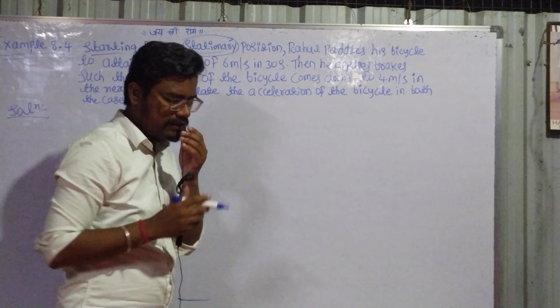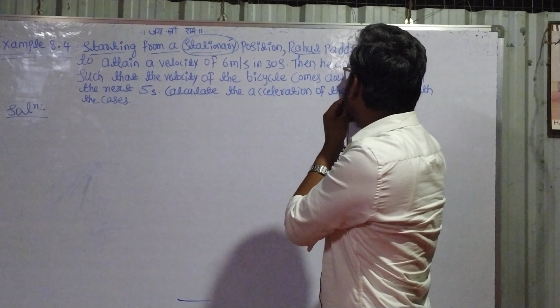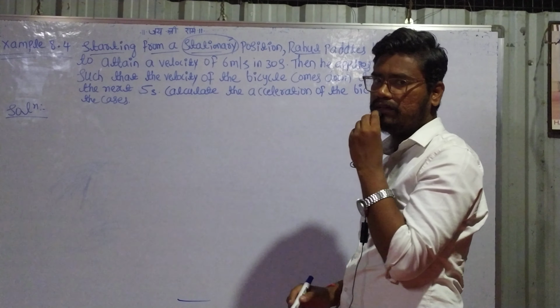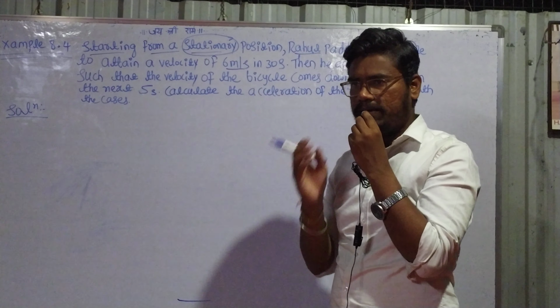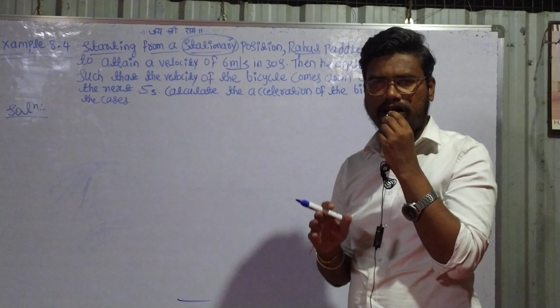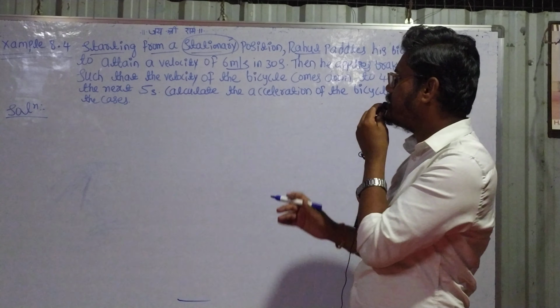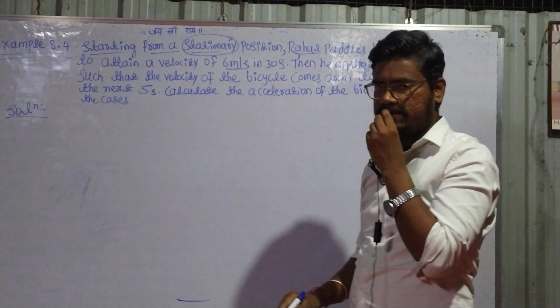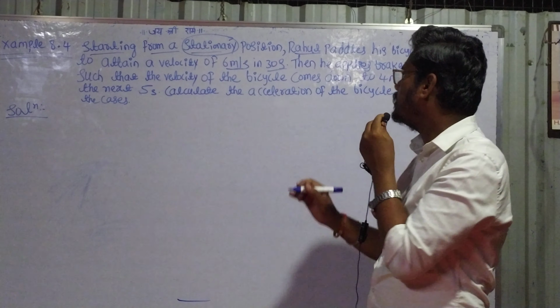And Rahul pedals his bicycle and attains a velocity of 6 meter per second. Already the bicycle is at a stationary position, and after that Rahul pedals his bicycle and attains 6 meter per second in 30 seconds.